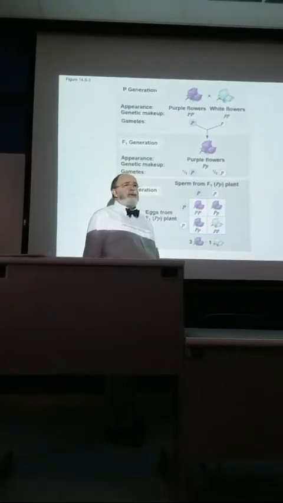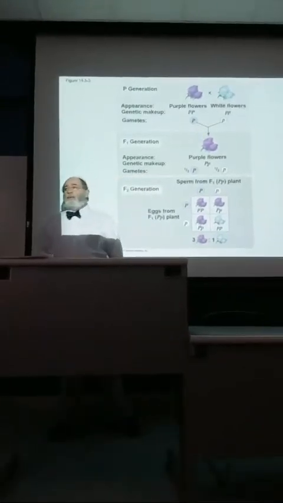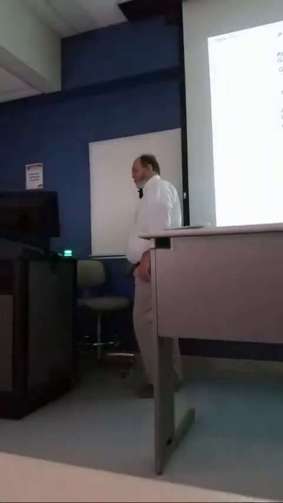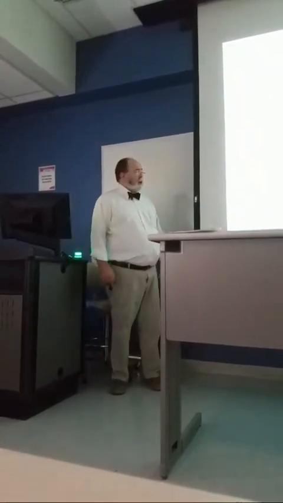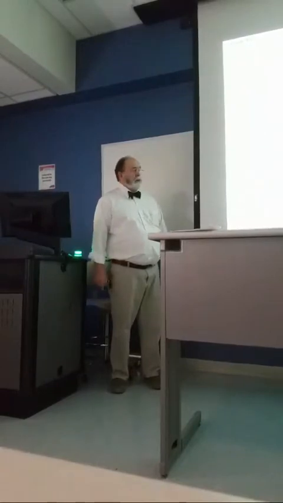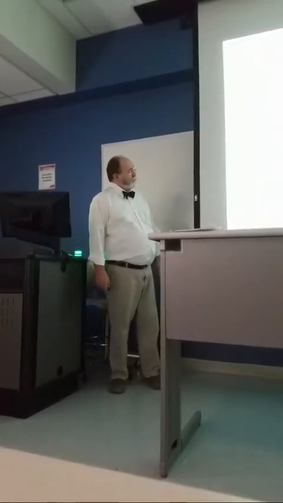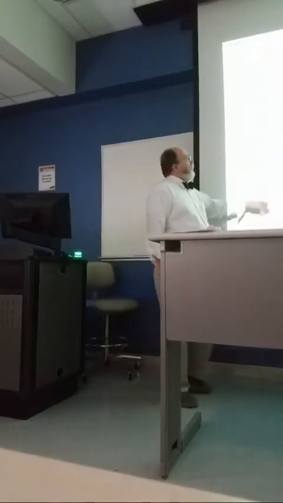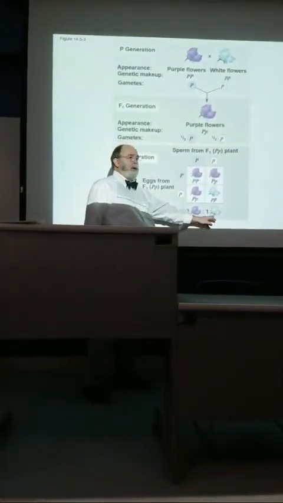For a recessive trait to be expressed, both alleles must have that recessive trait. Must be homozygous recessive in order for that to show up. Anytime we cross two F1s, the ratio will always be 3-to-1 dominant trait.